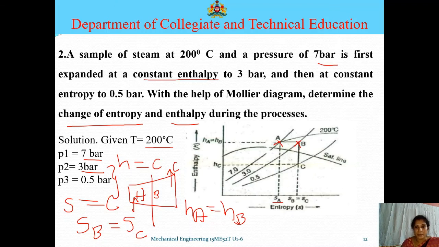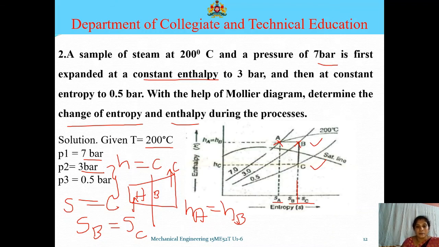From this point B, I'll draw a vertical line. The process B to C is an isentropic process, or a constant entropy process. Therefore, SB will be equal to SC. So I'll make a note of these values.